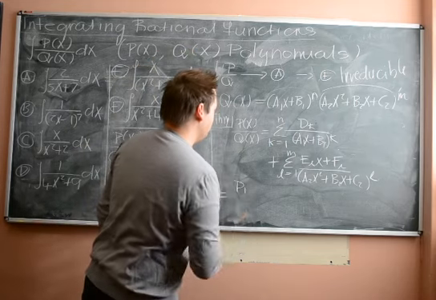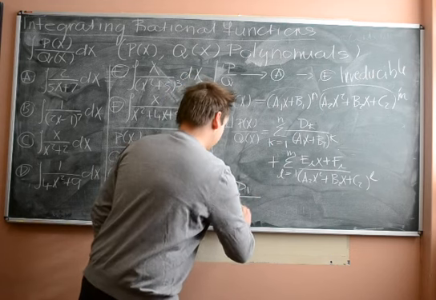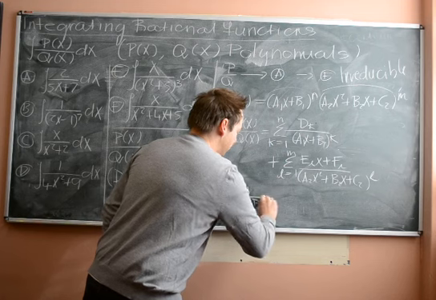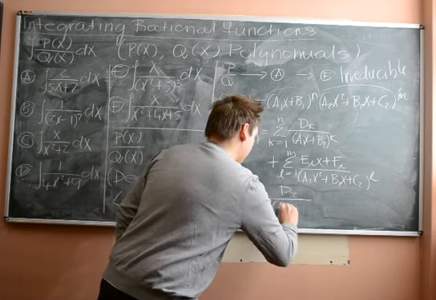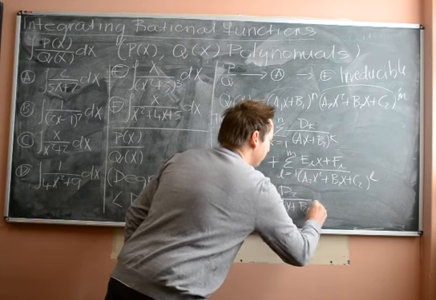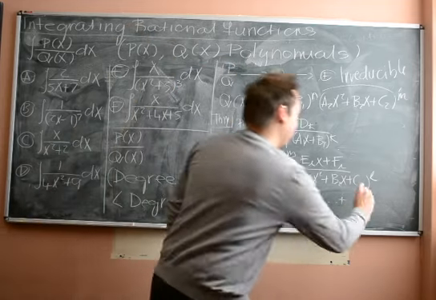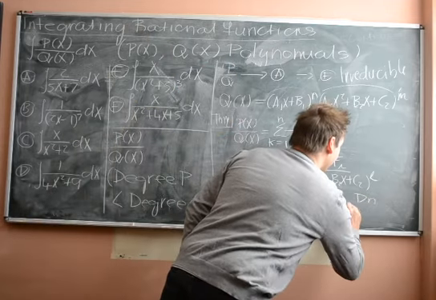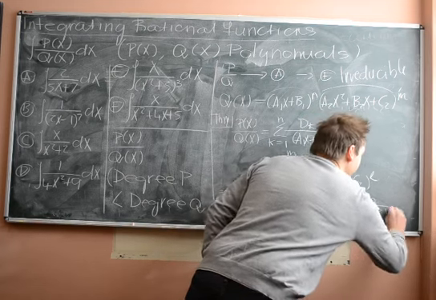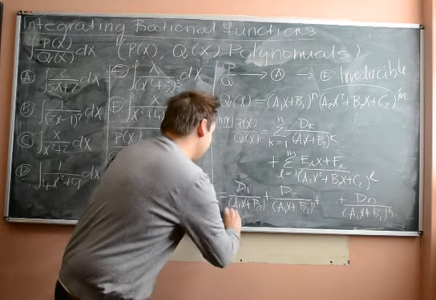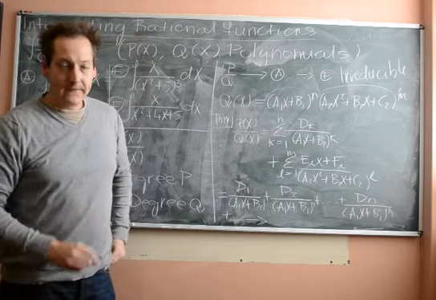We'll have d1 over a1x plus b1, plus d2 over (a1x plus b1) squared, and so on, up to n. So we'll have d_n over (a1x plus b1) to the n. And similarly for the quadratic factors, for this sum.